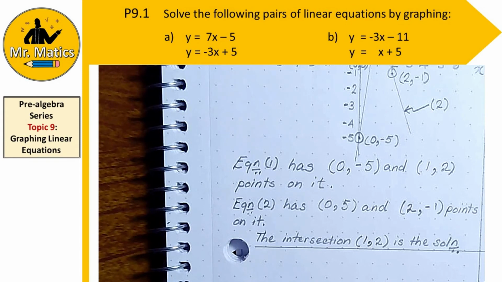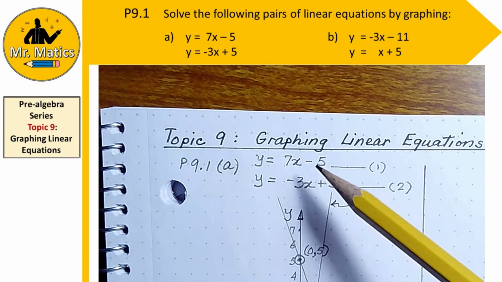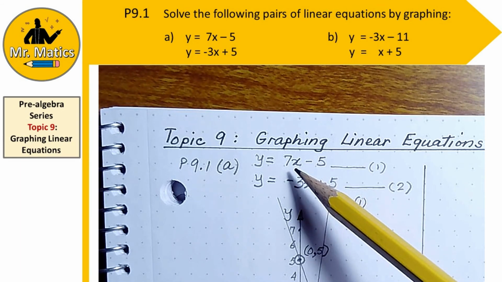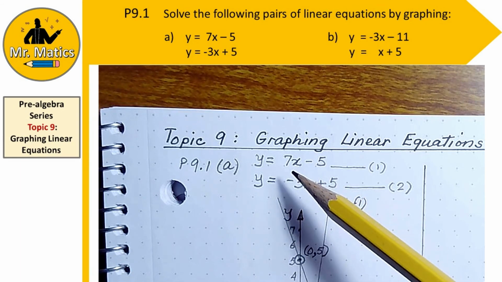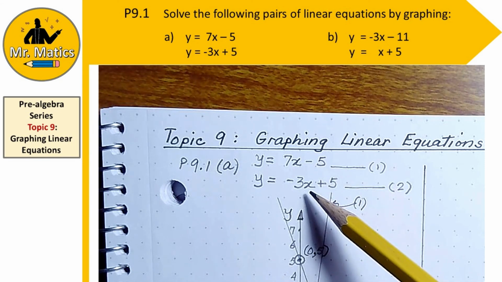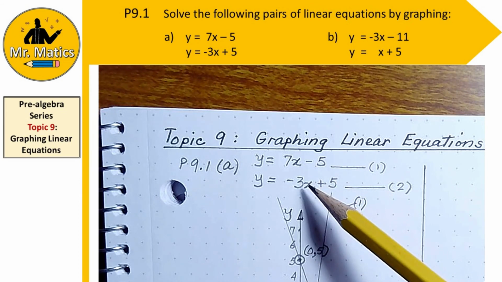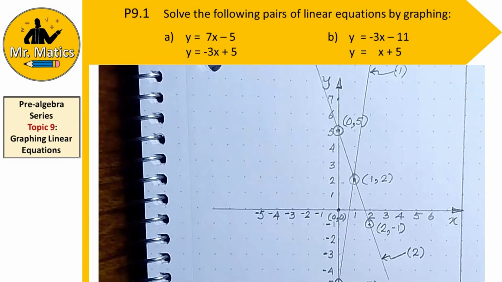Okay, let's check if 1, 2 satisfies both equations. If I put 1 in place of x, do I get y equals 2? Yes, I do. Now if I put 1 here, do I get y equals 2? Yes, I do. So that means that x equals 1 and y equals 2 is the solution for this set of equations.